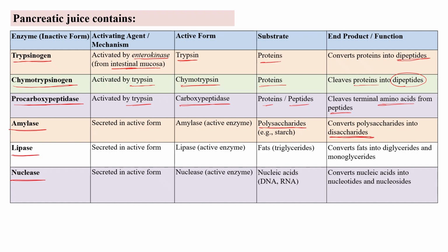And this lipase breaks down fats, triglycerides into diglycerides and monoglycerides. Nuclease, this is also secreted in the active form, and this nuclease enzyme breaks down nucleic acid, that is the DNA and RNA, and converts nucleic acid into nucleotides and nucleosides.